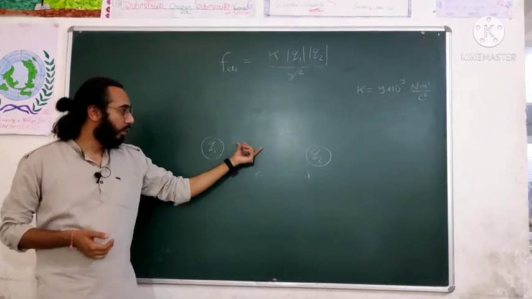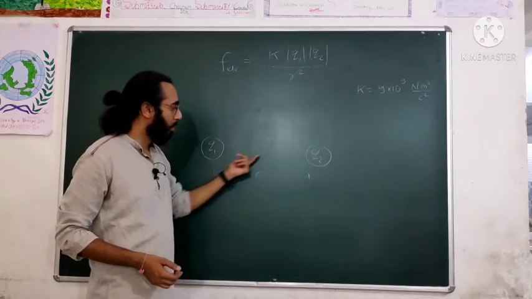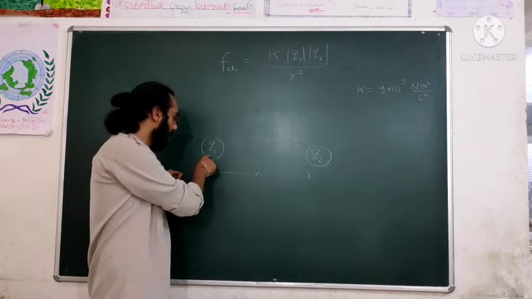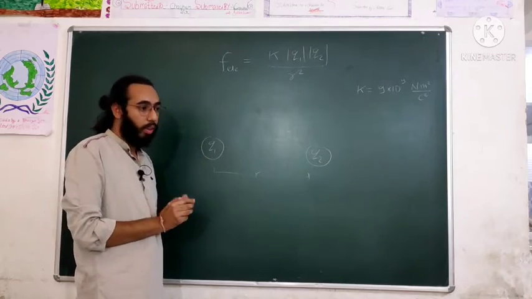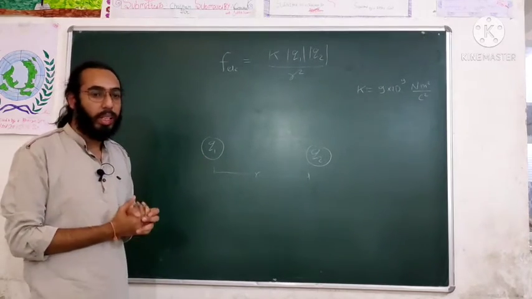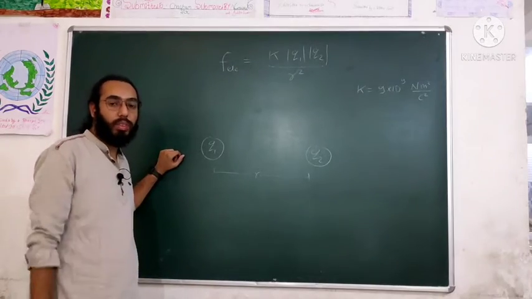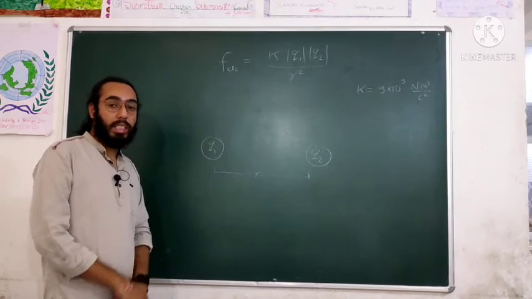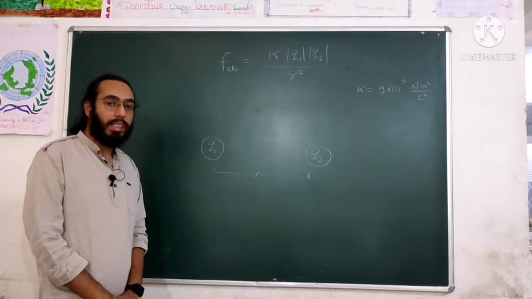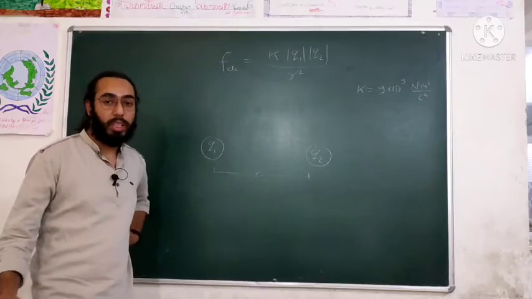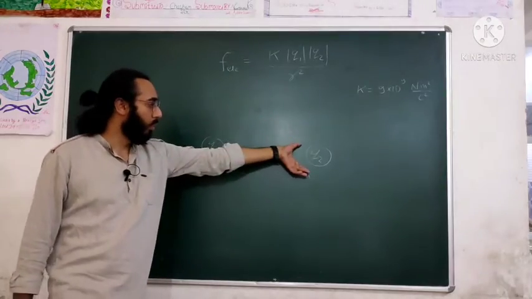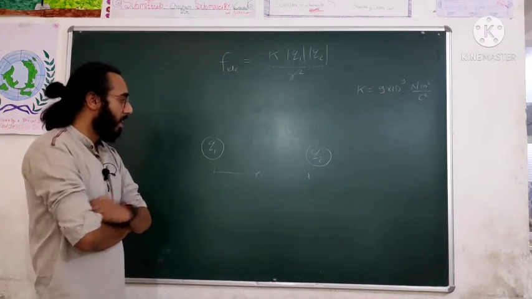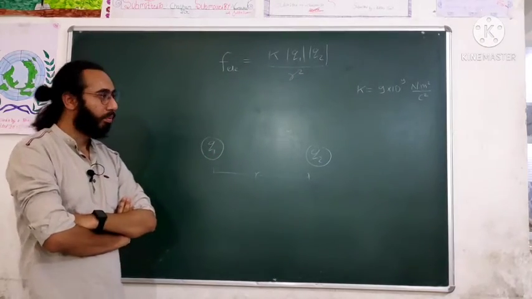We also studied that the charges should be point charges, meaning the charge of the object should be concentrated at a particular point only, because if the charge is distributed, there will be a different force, as we saw from an example with a duster. We will see in further lectures how distributed charge gives force to a particular point, but right now the charges are point charges.